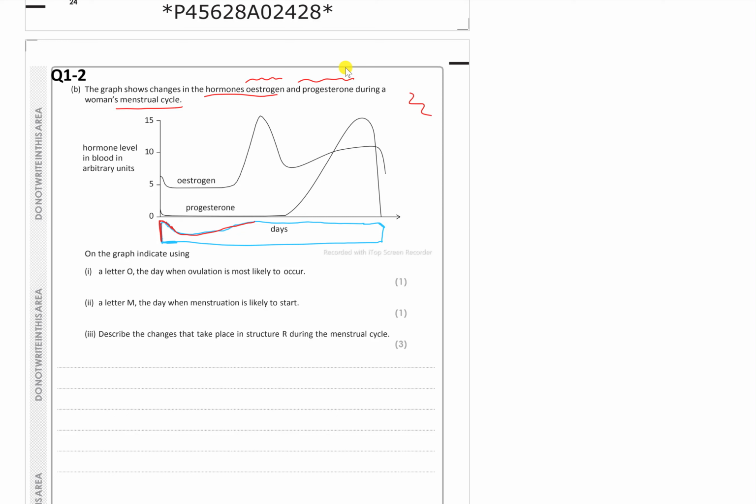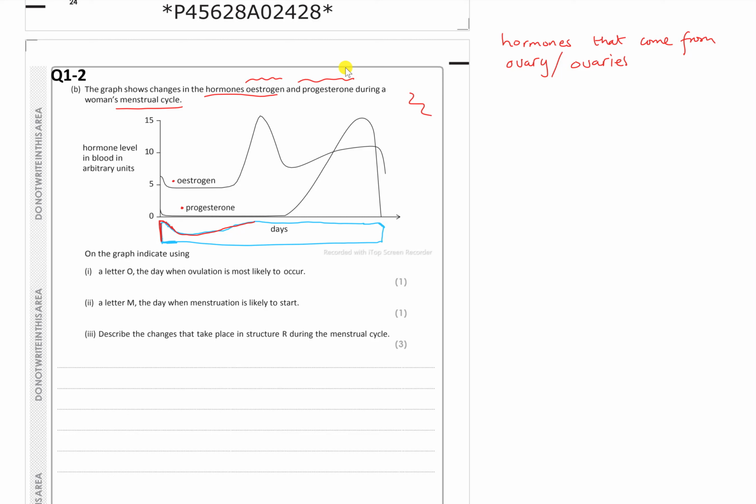Now we need to have a look at the estrogen and progesterone levels, and they are the hormones that are secreted from the ovaries. Okay.